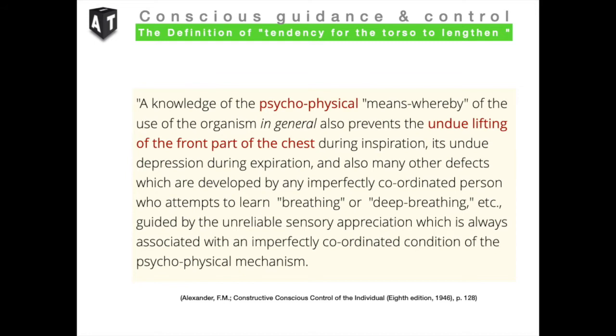That's what the sentence is saying. And he's saying that this should not happen during inspiration. It's prevent the undue lifting of the front part of the chest during inspiration, but also undue depression during expiration. So now we have a new problem, because we have not defined what is a depression of the chest.